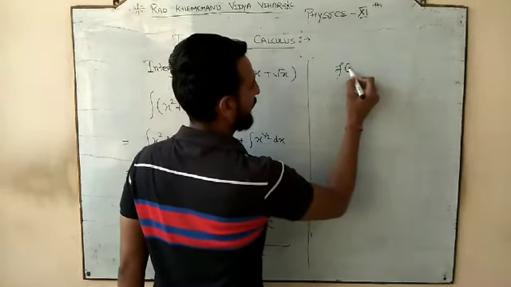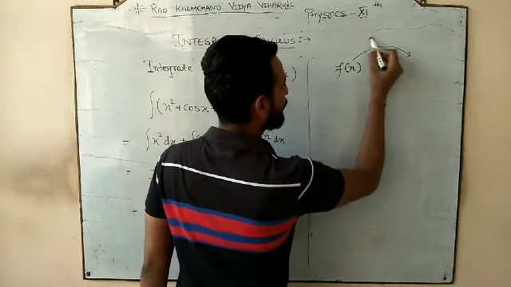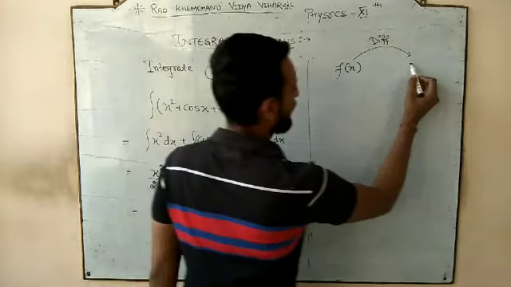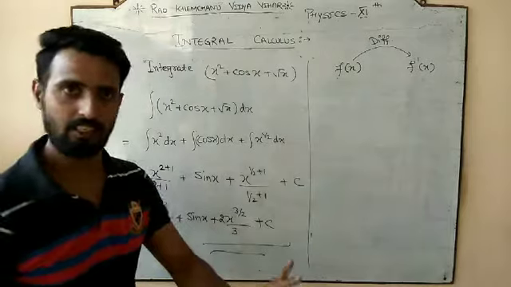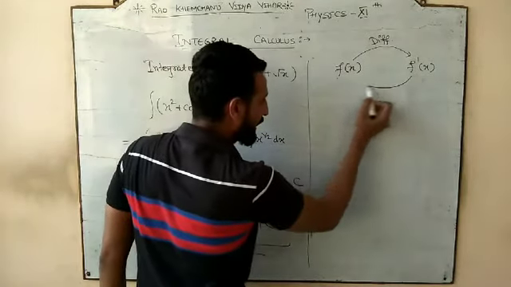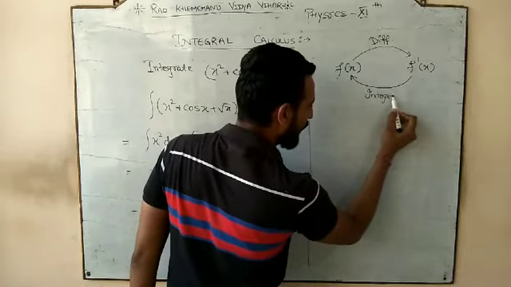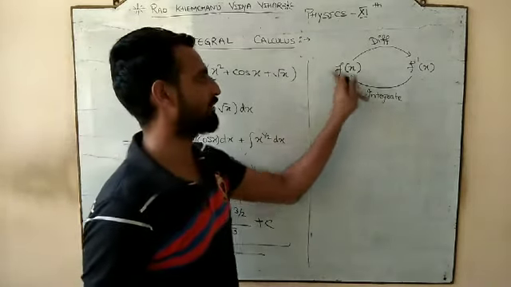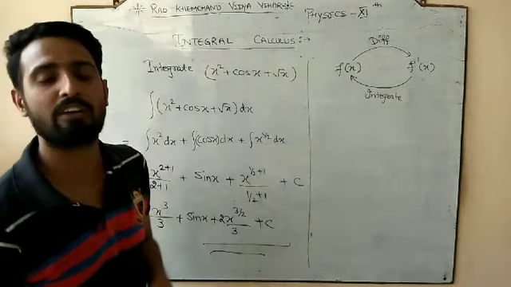Let's suppose you have any function fx, and if we differentiate it, it will give you a new function f dash x. And if we integrate it, it will again give you fx. I think अब आपको थोड़ा और क्लियर हो रहा होगा. Means the differentiation of any function gives you that, तो उस फंक्शन का अगर वापस से इंटीग्रेशन करते हैं तो वो fx आएगा.